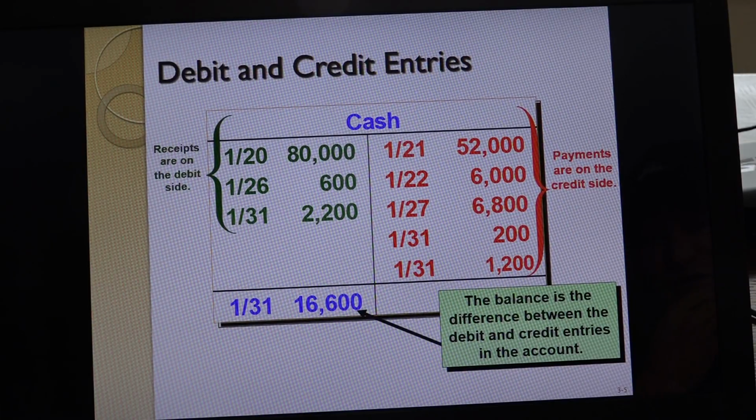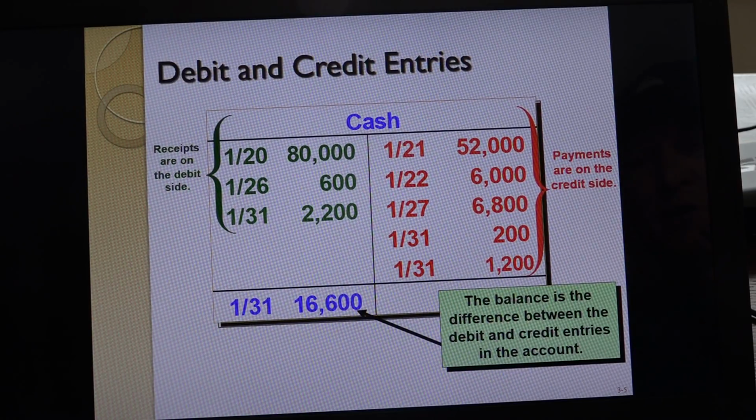Any decreases in cash, reductions, are reported on the right or credit side. And note that over a period of time, here a month, the net balance down there at the bottom on January 31st is a debit balance.